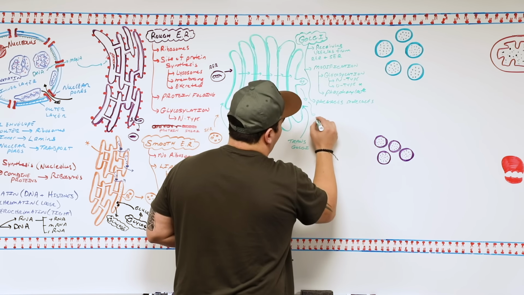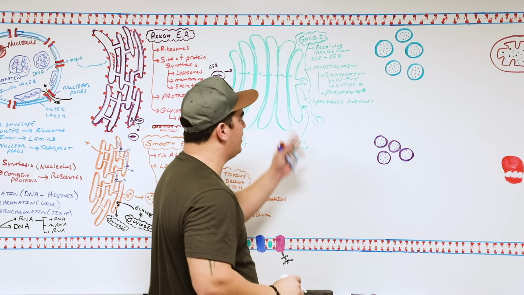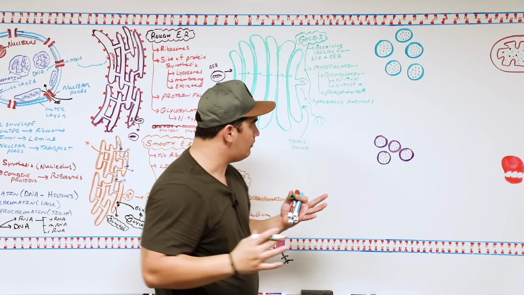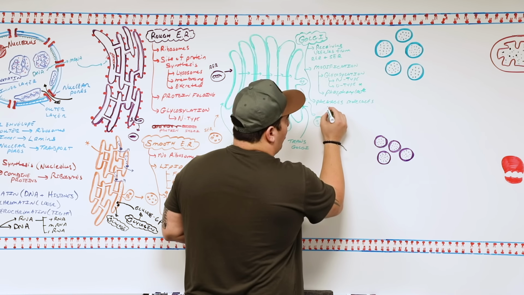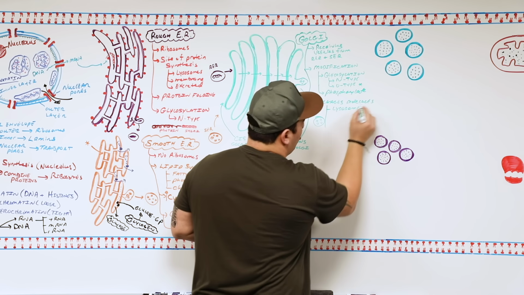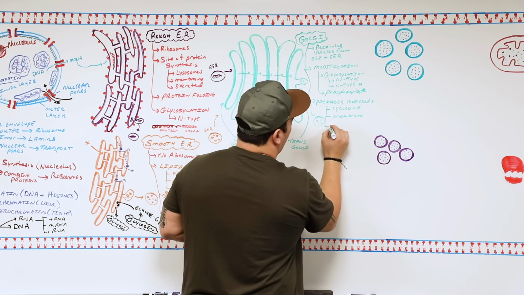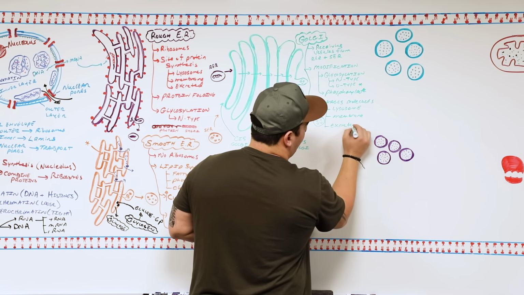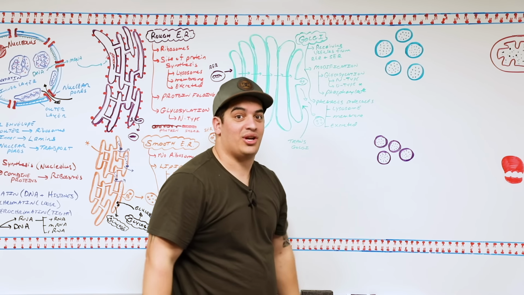So now I have my vesicle containing my proteins and my lipids and all these things that have been modified even more. Now what happens is these molecules, we already talked about where they're going to go. They're going to become lysosomal proteins, they're going to become membrane proteins, or they're going to be excreted out of the cell. That is the destination and the function of the Golgi apparatus.